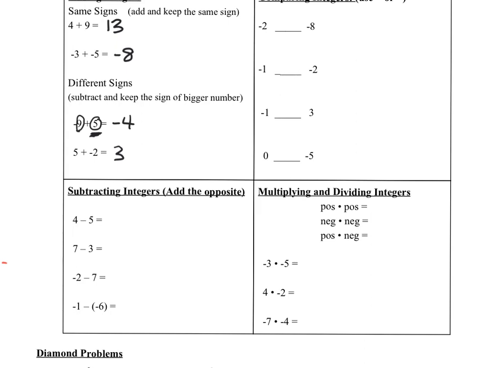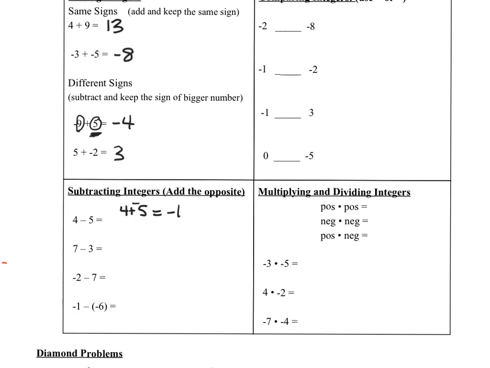And all this means is that the problem 4 minus 5 could become 4 plus negative 5, if you want to think of it that way. And then that problem simply becomes, like the problem above, adding two integers of different signs. And since the 5 is bigger than the 4, the final answer will be negative. So 4 minus 5 ends up being 4 plus negative 5, and that's negative 1.